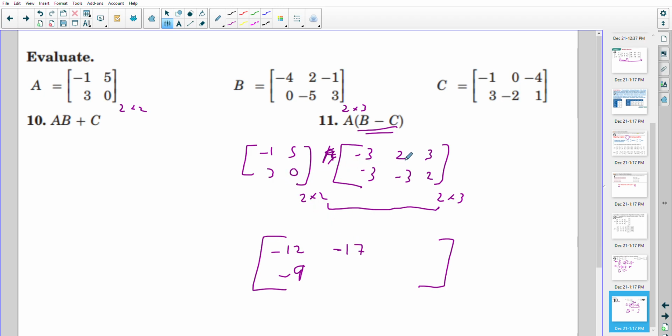And 6 minus 0 is 6. The last one, -3 plus 10 is 7. And 6 plus 0 is 6. So the resulting matrix is that last matrix.